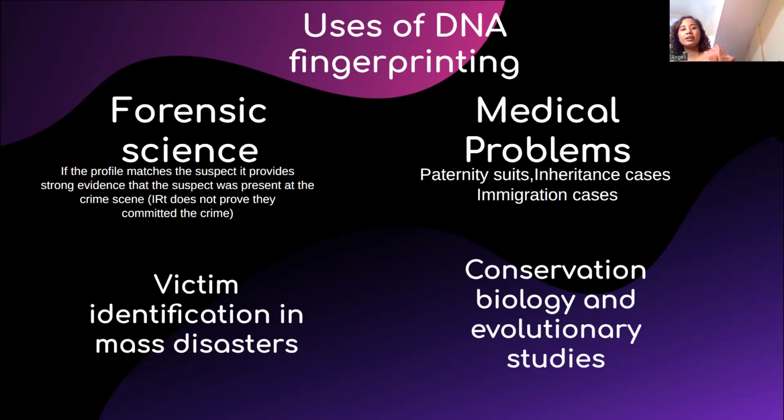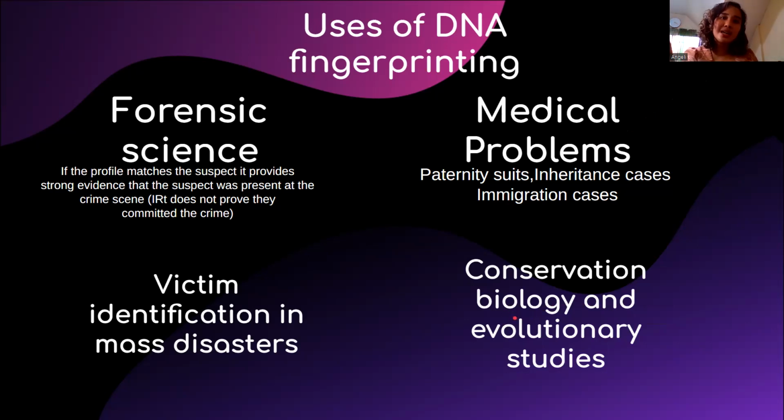What else? Victim identification in mass disasters. For example, a landslide, people buried, nobody identified. You could use DNA. The family members could get a swab. Then the STR should be similar to the family members.